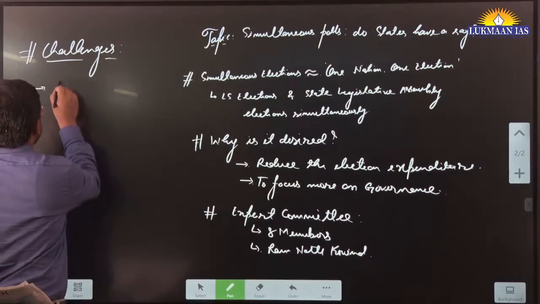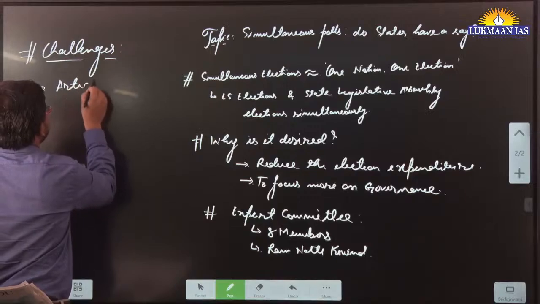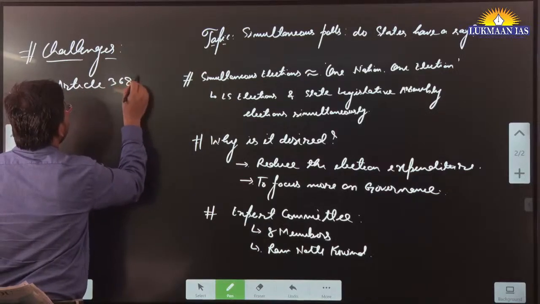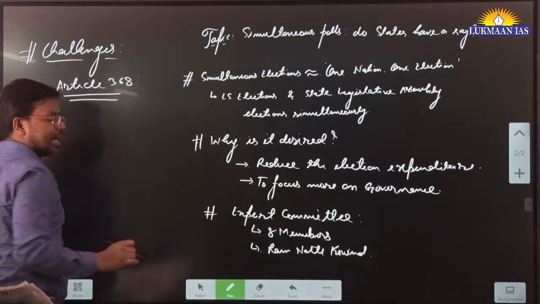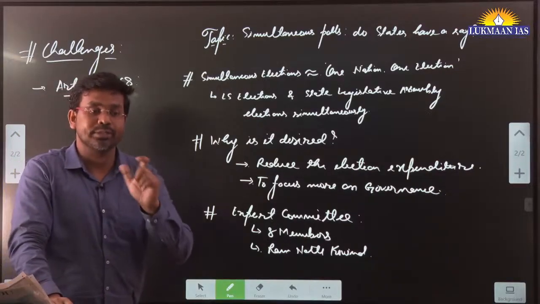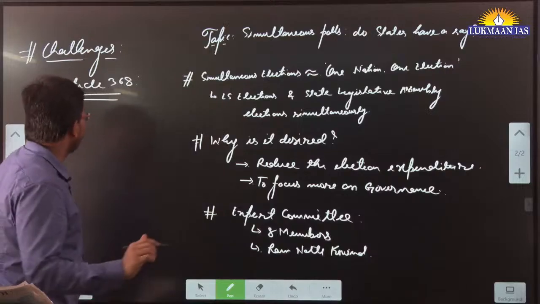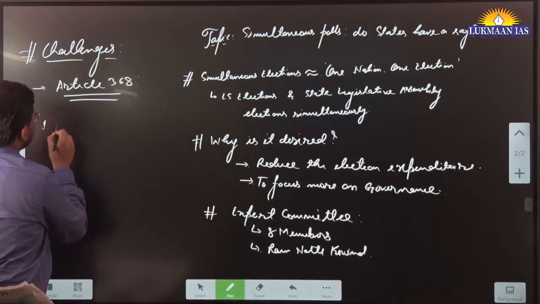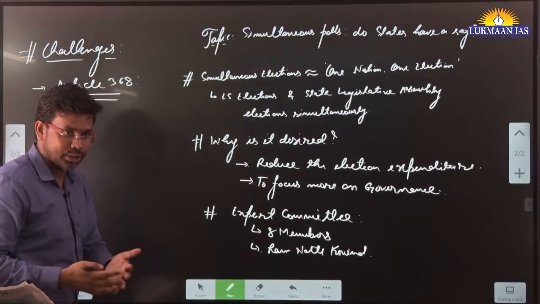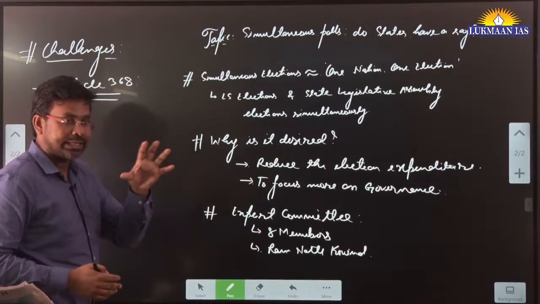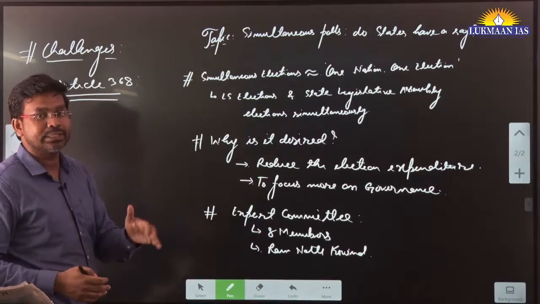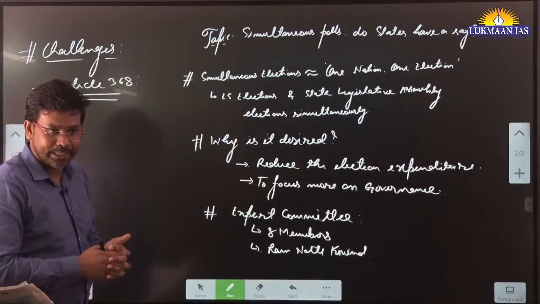Article 368 has been mentioned in this article; it talks about the processes we need to follow to amend the Constitution of India. One of the processes mentioned is that we can amend the Constitution of India for certain provisions in a manner similar to ordinary bills.